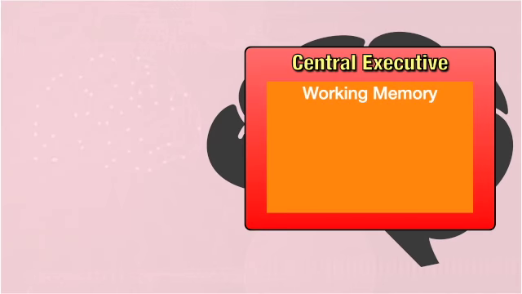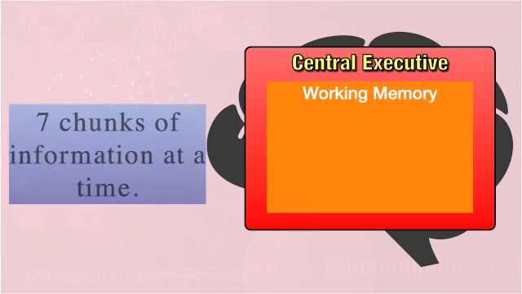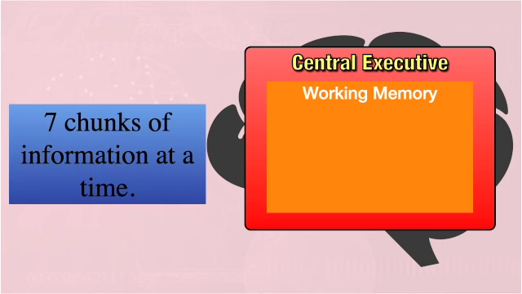Another simple way to understand it is to put it numerically. Your working memory can only hold on to about 4 to 7 chunks of information at a time. For example, try to memorize this number and repeat it back. That was easy.